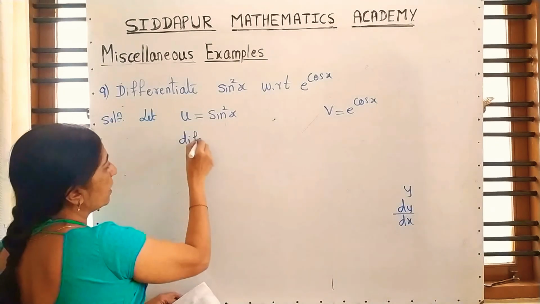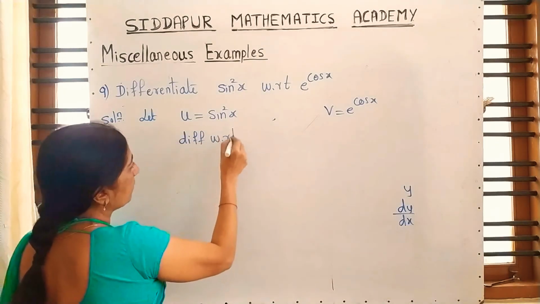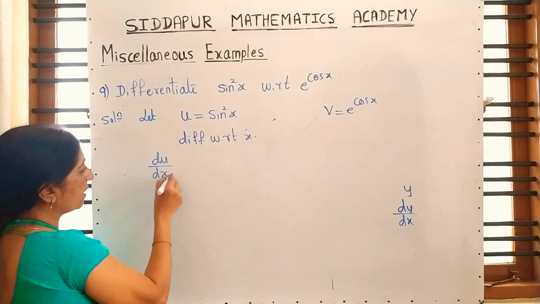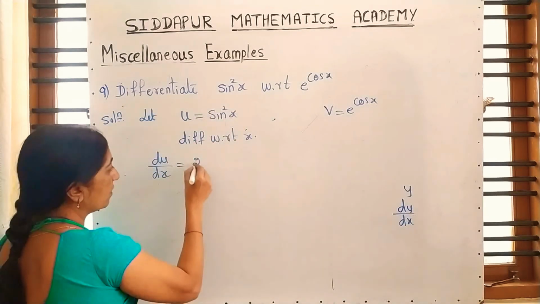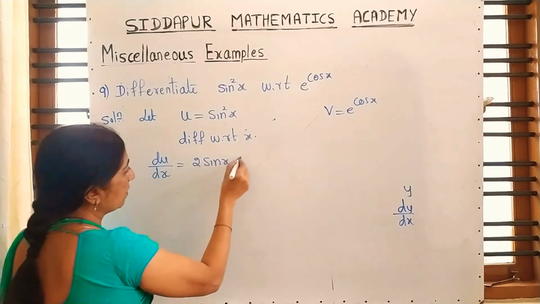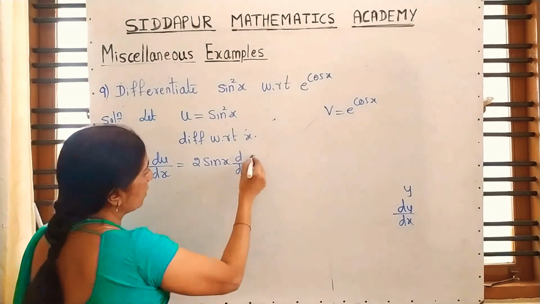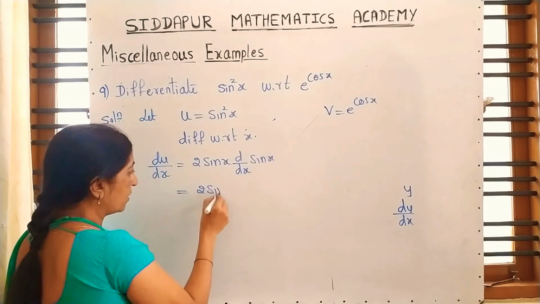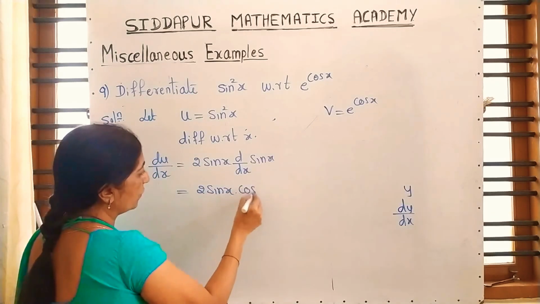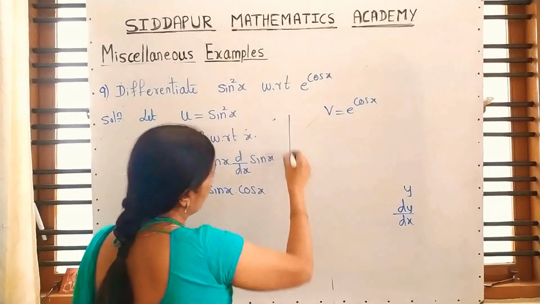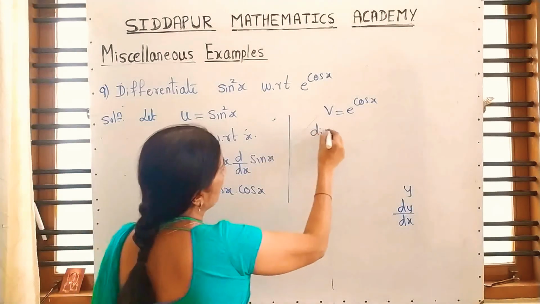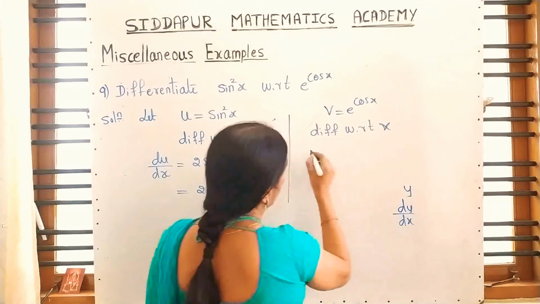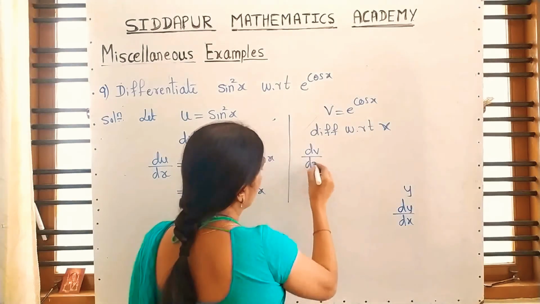Now differentiate both with respect to x. du upon dx is equal to, first power, 2 sin x into differentiation of sin x. 2 sin x as it is, differentiation of sin x is cos x. And this also we are differentiating with respect to x, dv upon dx.